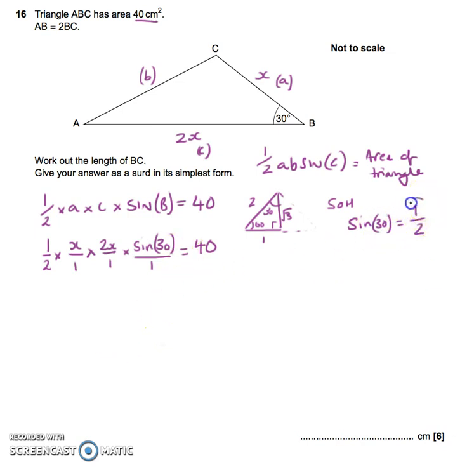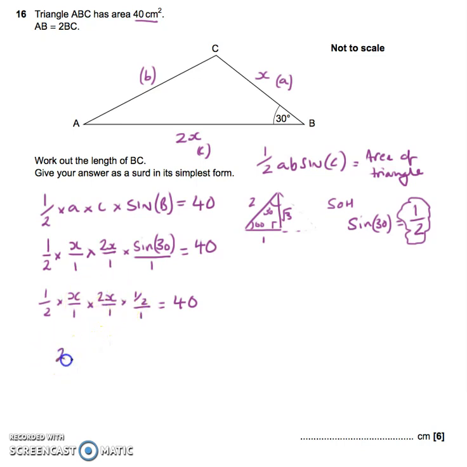So we can substitute the sine 30 with the half. So half multiplied by x over 1 multiplied by 2x over 1 multiplied by half over 1 equals 40. So I'm just going to multiply all the things that are on the top together and then all the things that are on the bottom together. So I've got 1 times x is x, times 2x is 2x squared, times a half.